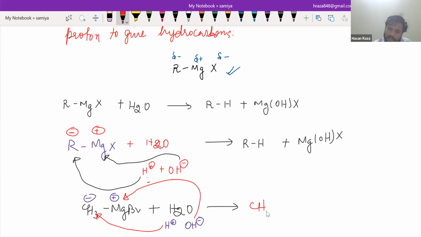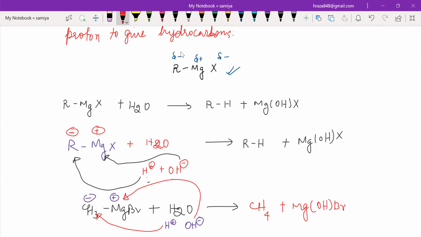So now H plus will go to CH3 minus, it will form CH4, and there will be a byproduct, that is MgOH. Got it? Yes, sir. I understand. Please do it.